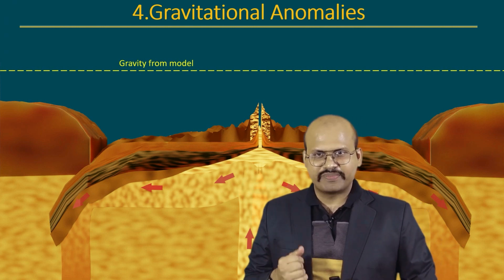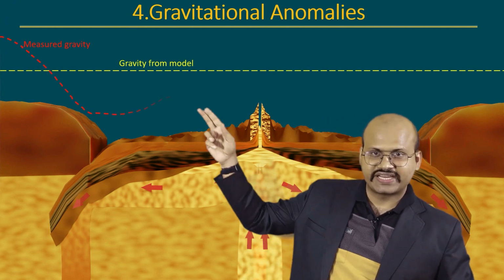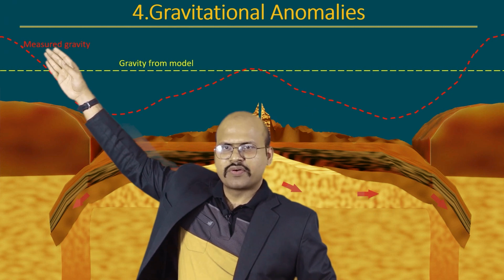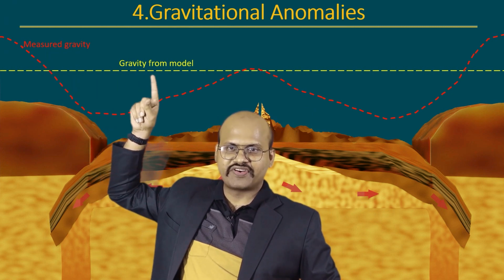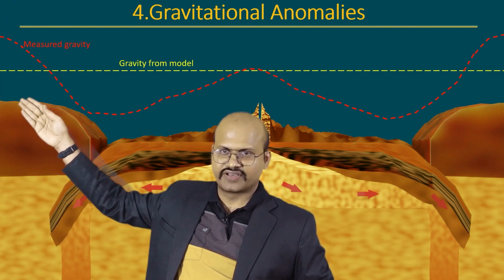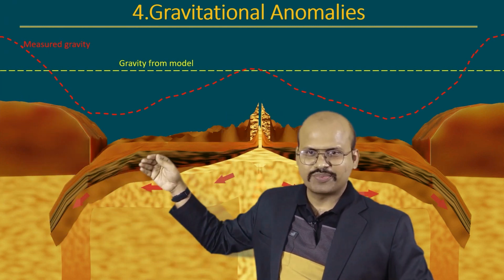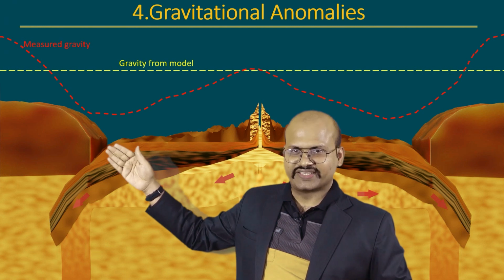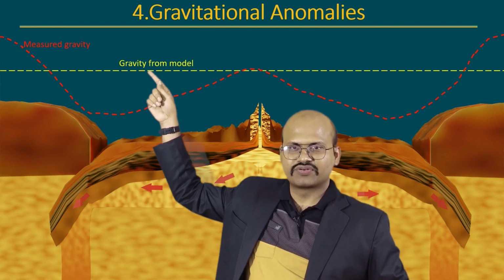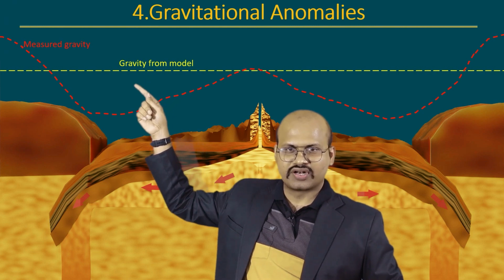So when actual measurements of gravity are done, which is indicated by the red line, we can see that the measured gravity is much above the gravity from the model over here, because the continental crust is very thick over here. As we come to this region, over the trenches, the measured gravity is very less compared to the gravity given by the model.